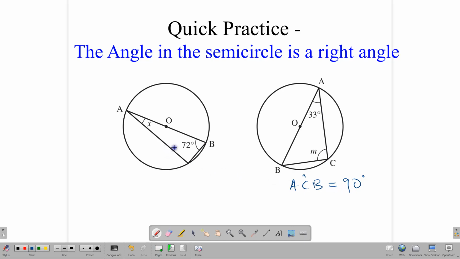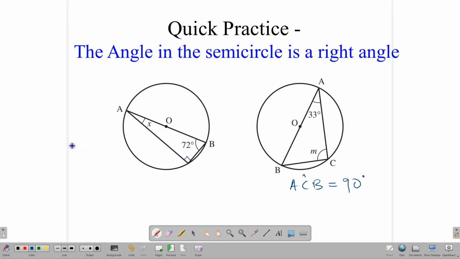For this one, we want to find the angle X. Now, we know that this angle here is 90 degrees. And what that means is when you add those 3 angles, you should get 180 degrees. Or since this angle is 90 degrees, these other 2 angles are going to be complementary to each other.